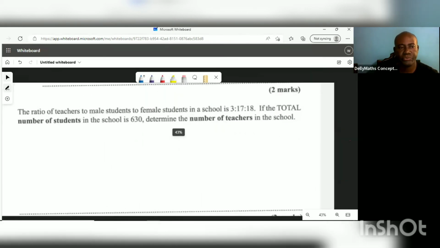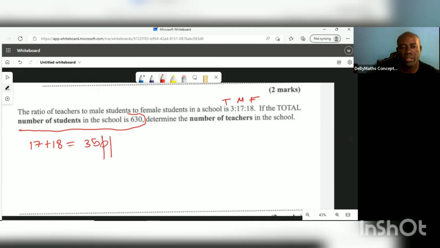The 3 is for teachers, the 17 is for male students, and the 18 is for female students. Because the number of students is 630, we want to take out that proportion for the students. So we're talking about 35 proportional parts allotted to students, and that was equal to 630 persons.